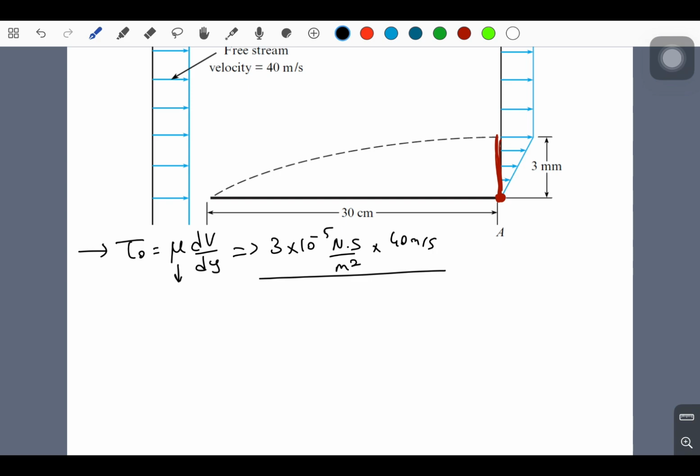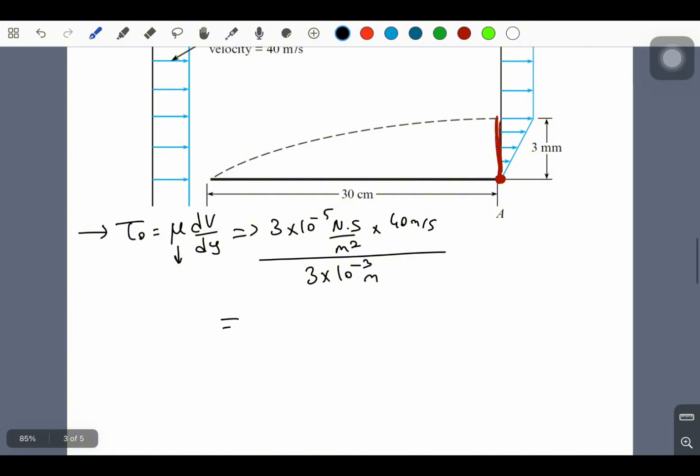So we need to use this 3 millimeters thickness. And from here, the shear stress will be 0.4 Newton per square meter.